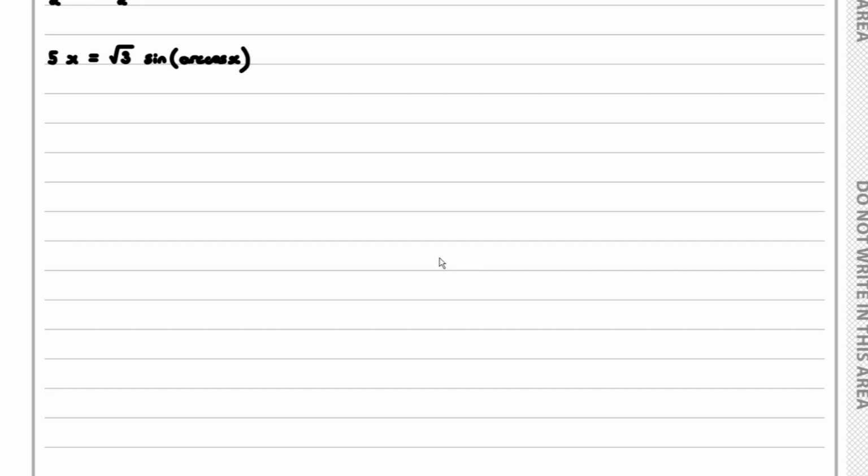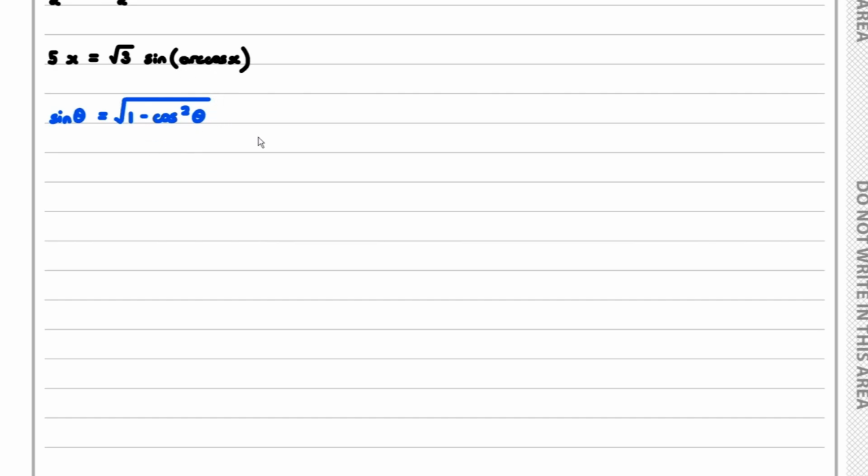What we know is sine squared theta plus cos squared theta is equal to 1. And if I rearrange that, we have sine theta, which is equal to the square root of 1 subtract cos squared theta. And here, what I will essentially do is rewrite this sine of arc cos x.